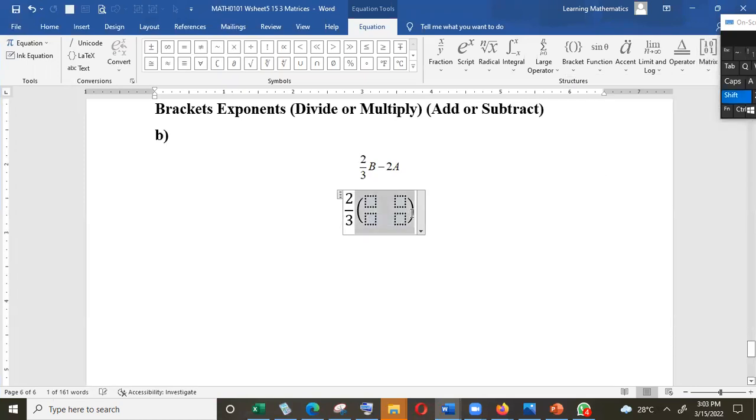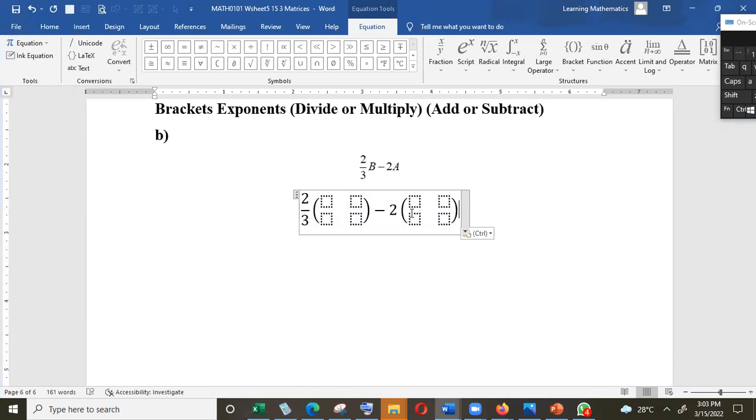It is also a 2x2 matrix, but then there's a subtraction sign, 2 times a.